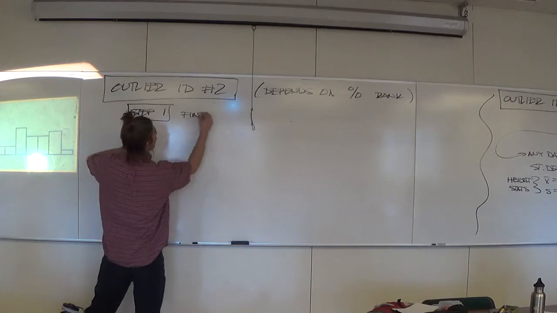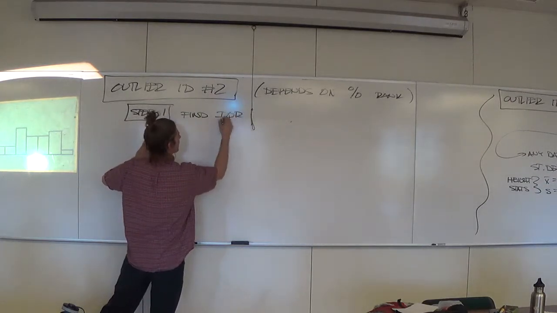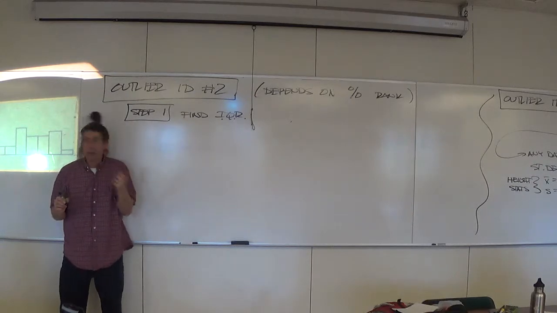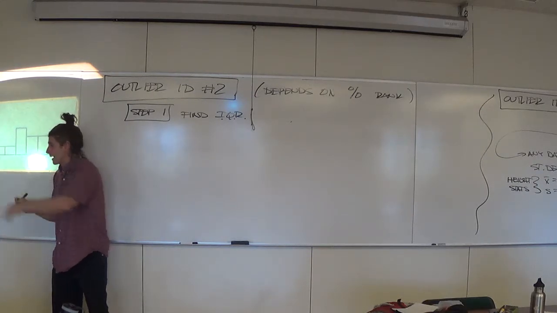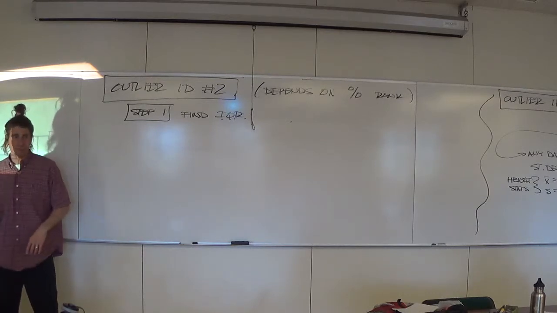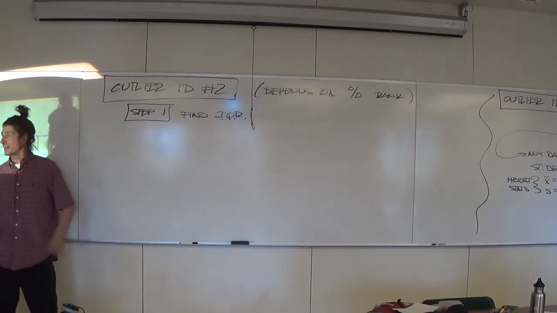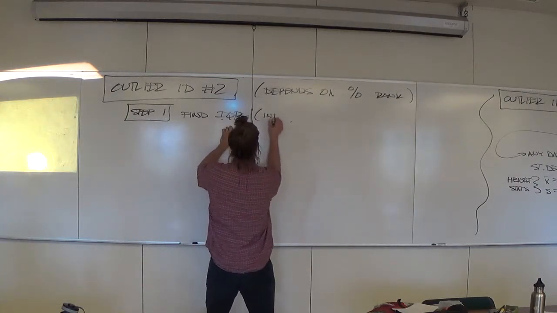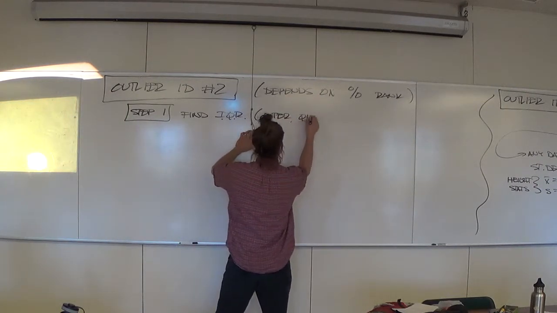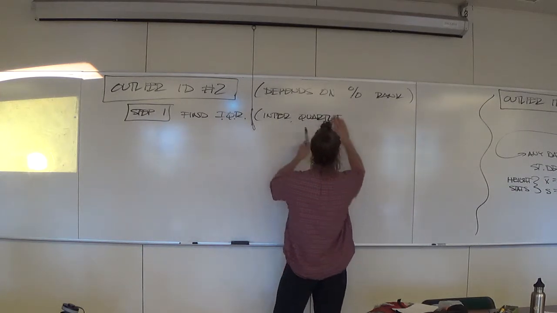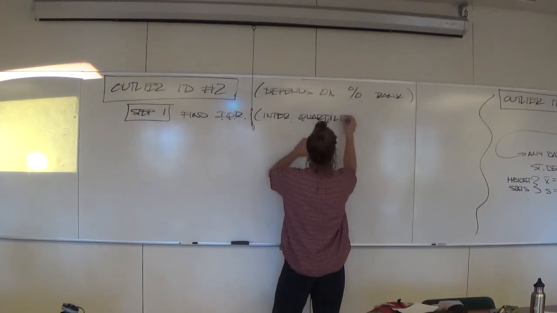Find your IQR. Now you might not remember what that is from last time, and it's okay. Remember what it stands for? Awesome, interquartile range. I didn't make you memorize it. You're not going to memorize it because the technology does it automatically for us after this first foray into the mathematics. It's the interquartile range.